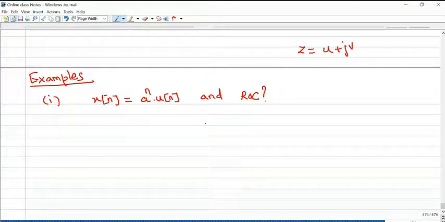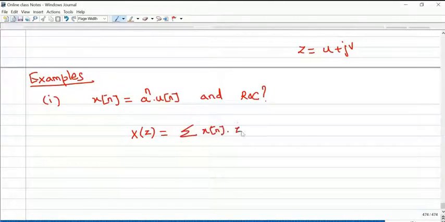So x of n equal to a power n u of n. The general formula for Z transform is summation x of n z power minus n, where n varies from minus infinite to infinite.